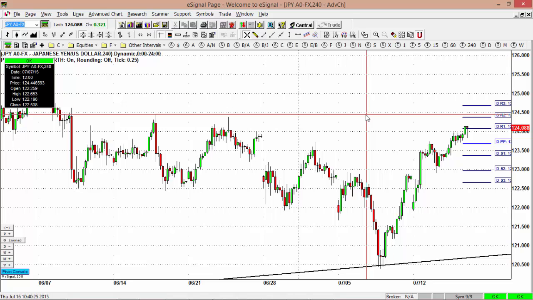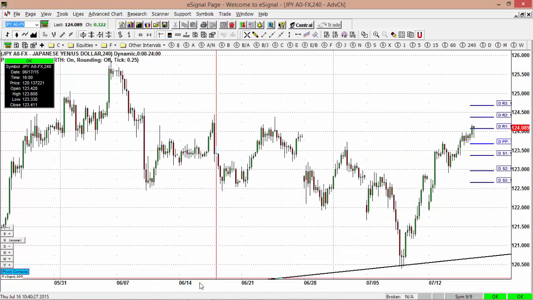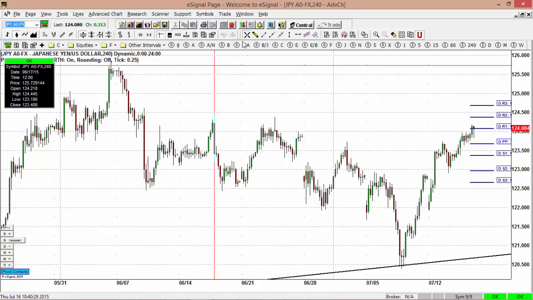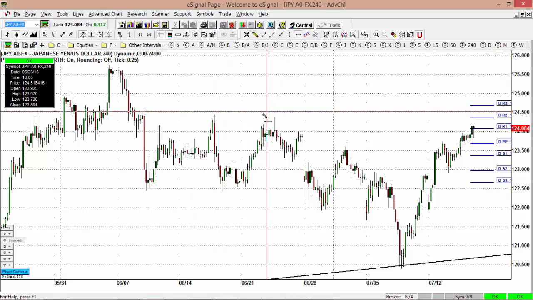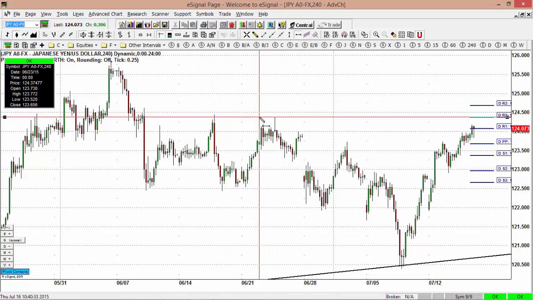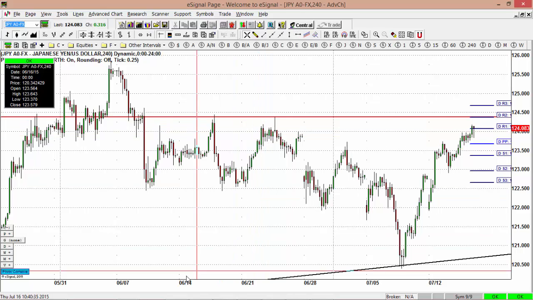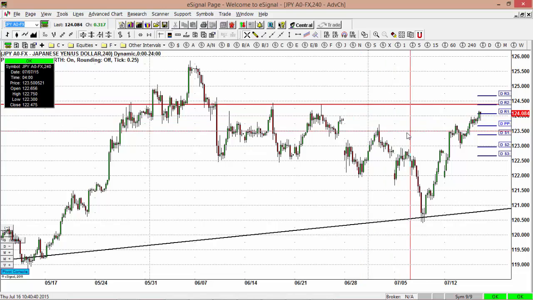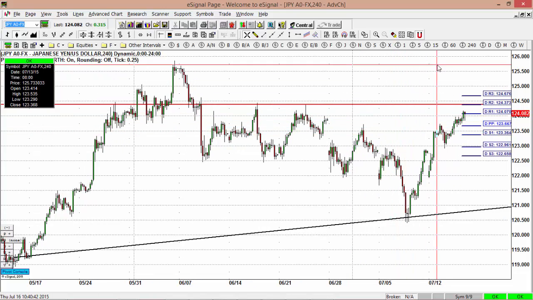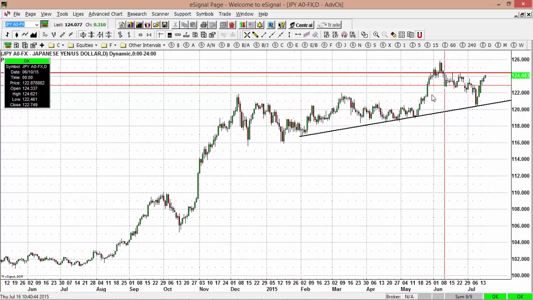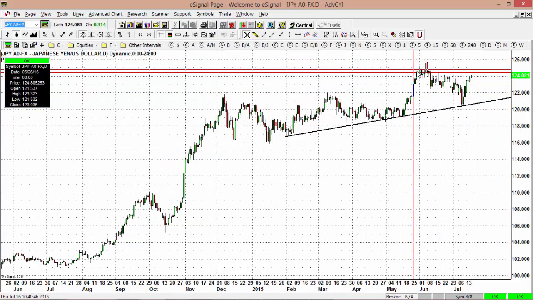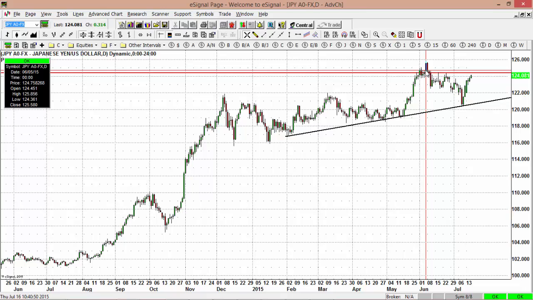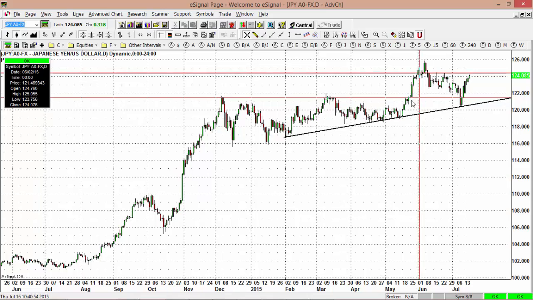For bullish momentum to continue, we definitely have to close above this 124.50 level on the USD Japanese yen. And let me just draw it there. It's marked by that red line. We have to close above that red line for the bulls to gain more confidence. And then the next area of resistance would be the high of the year that was made on 125.86, and that was made on June the 5th.